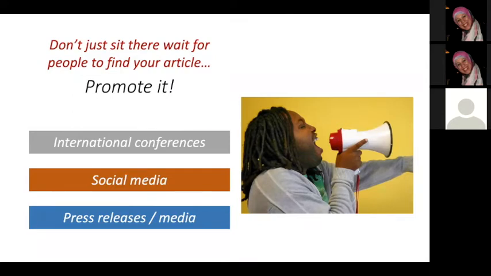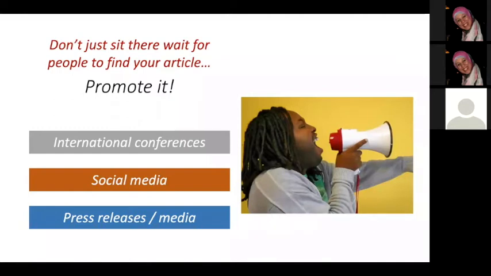So if you have a website, if you have an institutional or a lab group website, it's very important not just to wait for the article to get published, but also to talk about it once it gets published and to promote it both beforehand and after the fact.